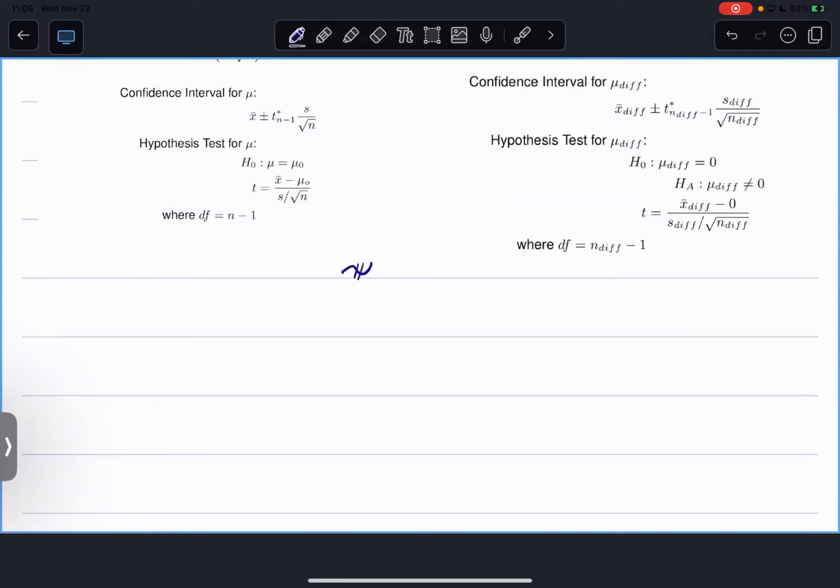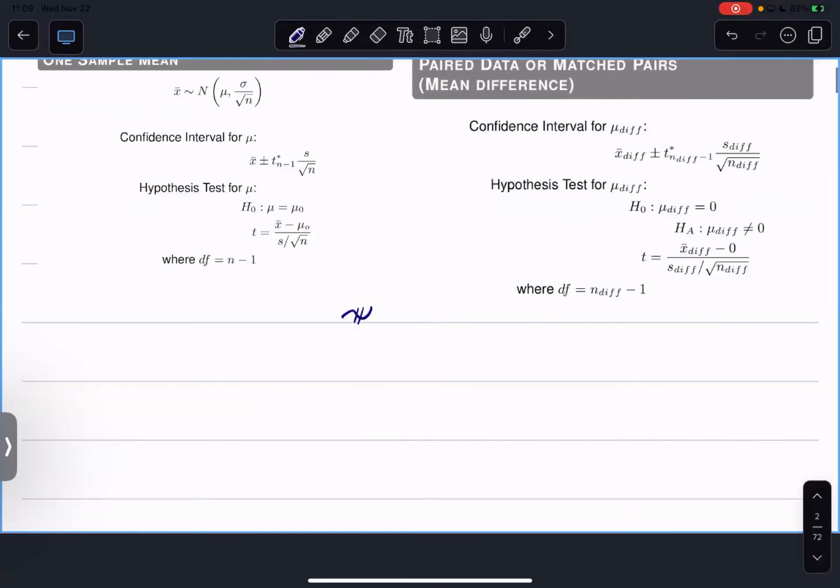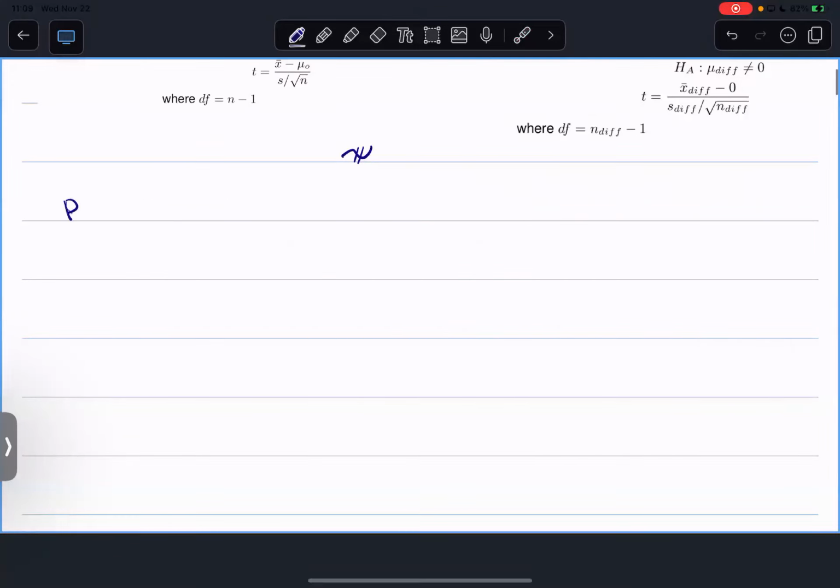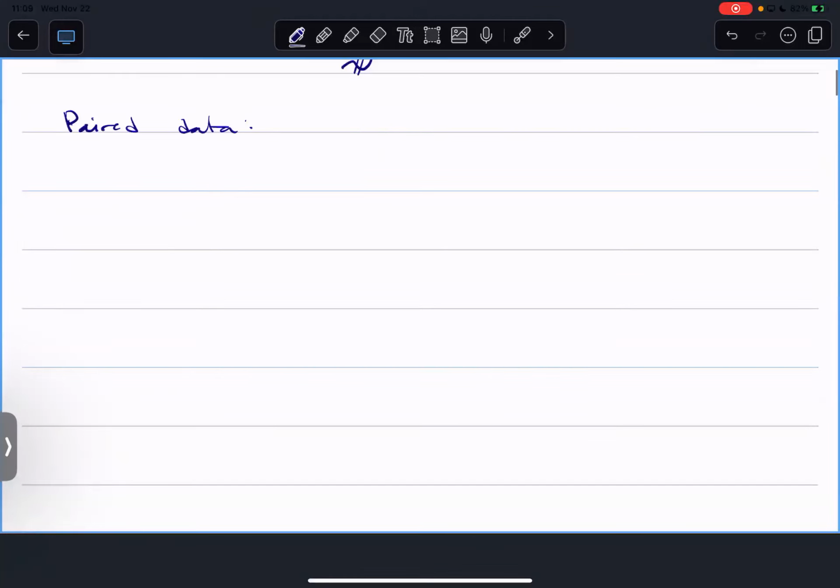That wasn't really a review at all, but it's an intro. So paired data is when we have 2 samples of numerical data.